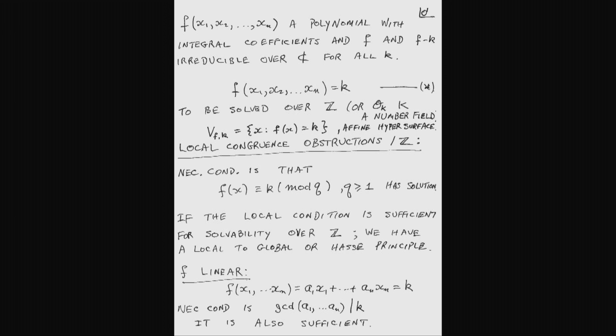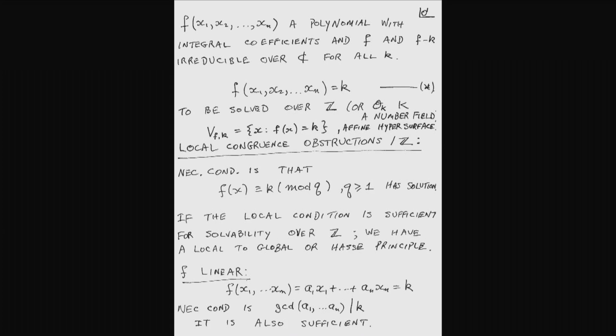So the local obstruction, if it exists in anything that I'm looking at, will be simply a condition on q in an arithmetic progression. All right, so let's just sober up a little bit and start with a linear equation.